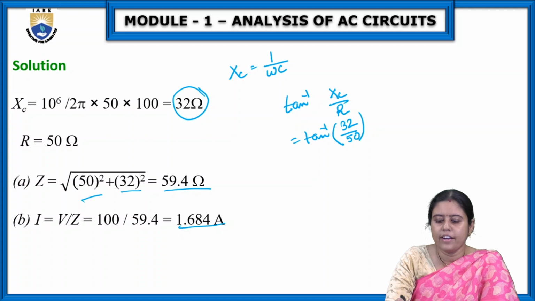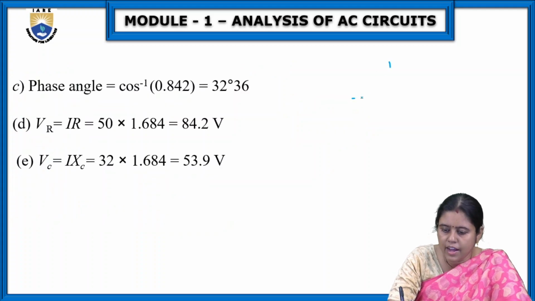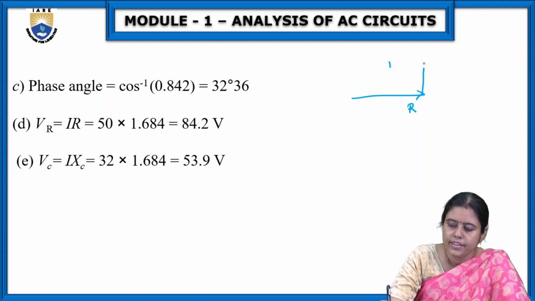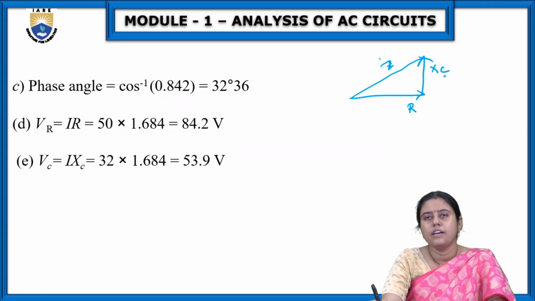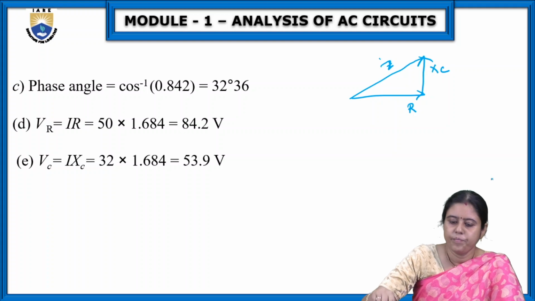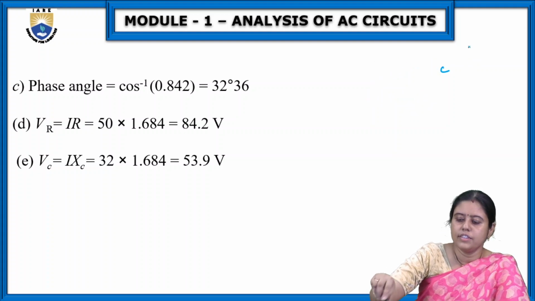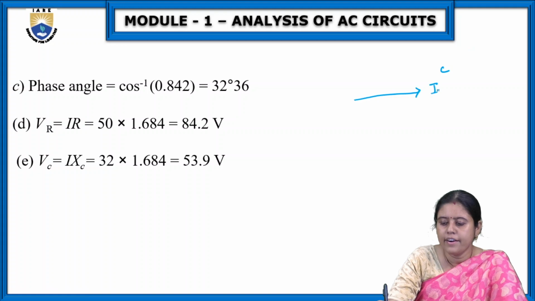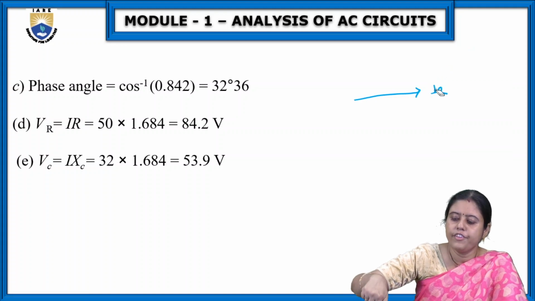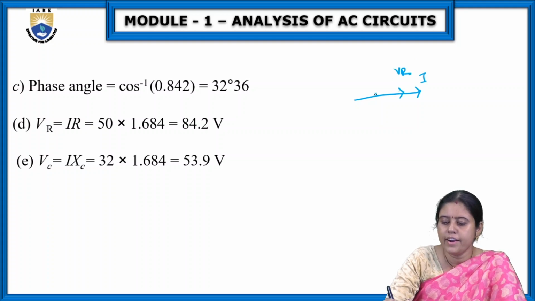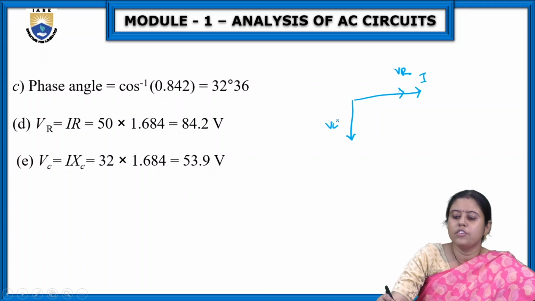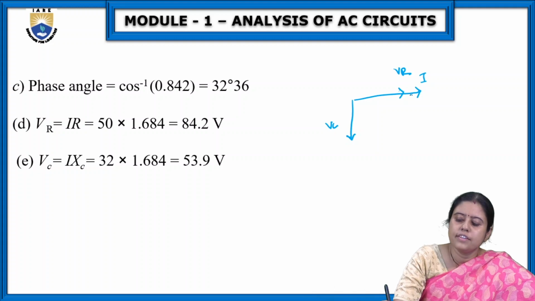Another procedure we can do: this is the R, this is our XC and this is our Z. Sorry, I have drawn it wrong. This is our current I, then this is our VR, then this is our VC, because according to the CIVIL rule, in a capacitor the current leads the voltage.